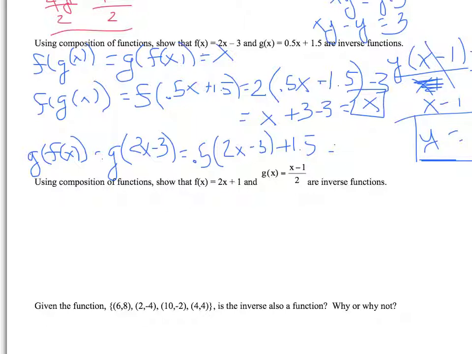Distribute the 0.5 and you'll get x minus 1.5 plus 1.5, which is just equal to x. Since they both equal x, you have proven using compositions that they are inverses of each other. I want you guys to try the next one, which is asking the same exact thing. Show that they are inverses of each other.